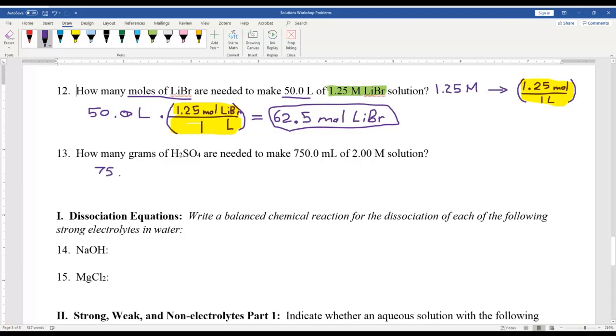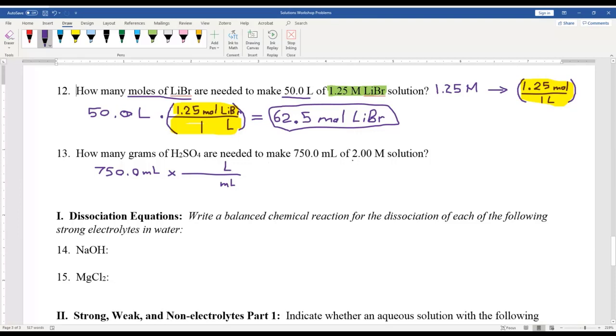All right, so we're going to do 750 milliliters. I'm going to convert it to liters, right?